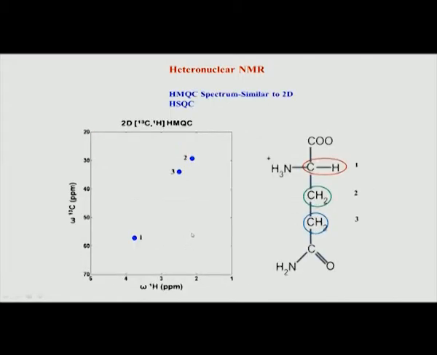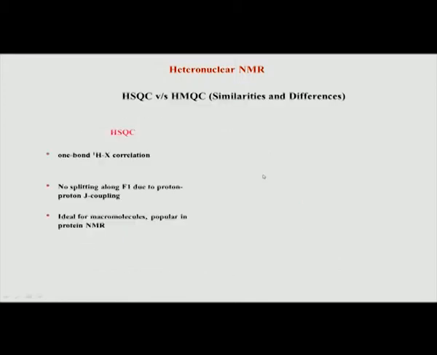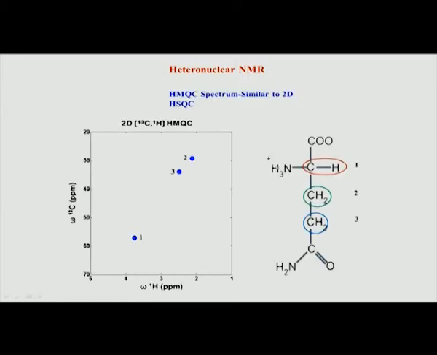So, let us look at an example spectrum, again looking at the molecule glutamine. Again this is going to be exactly similar to the HSQC spectrum, so all the chemical shifts are the same. Here we will not go through the exercise of finding out which is which, because it has already been assigned.